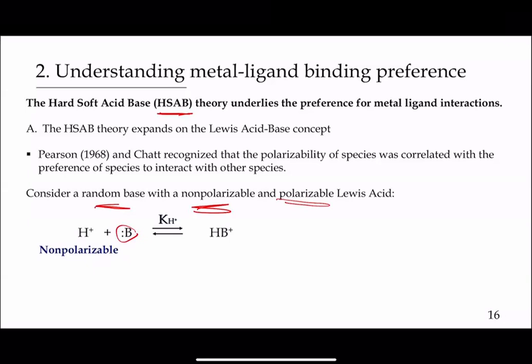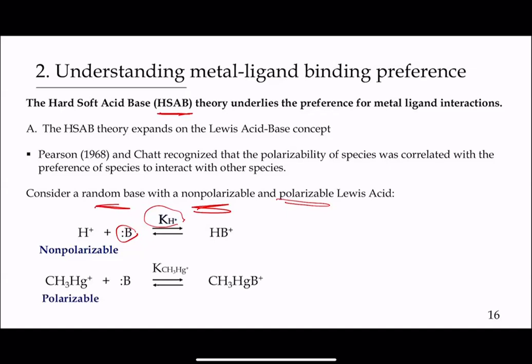So here we're going to look at a relative affinity, where we're looking at the binding of the base to the proton and measuring that K value, that equilibrium, but really that attraction. Then we're comparing that to something that is a polarizable Lewis acid. So here we're focusing on mercury, methylmercury, and how it interacts with, again, a given base.